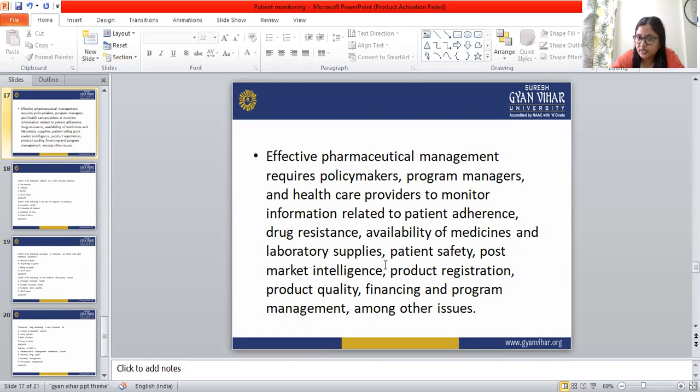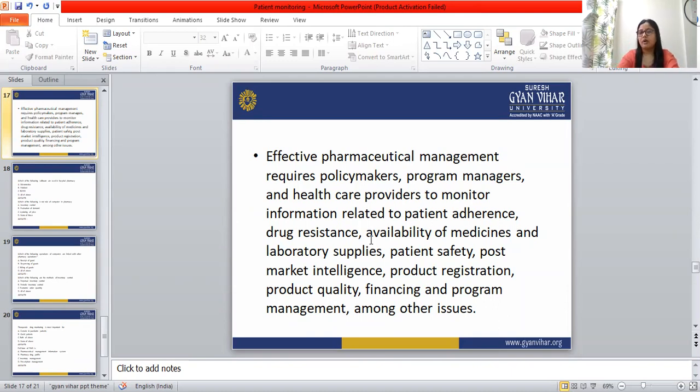So an effective pharmaceutical management system requires all these necessities.